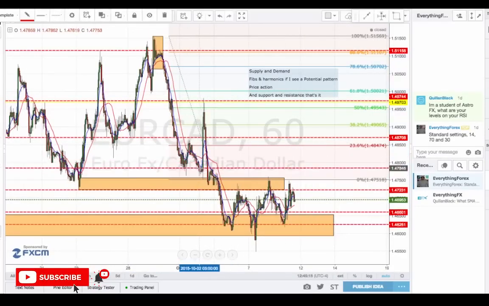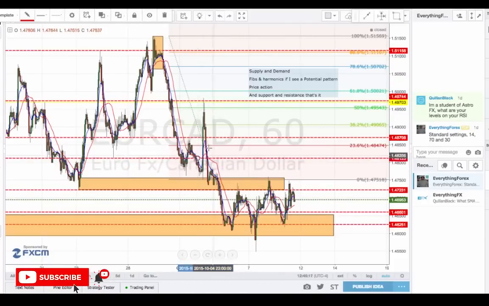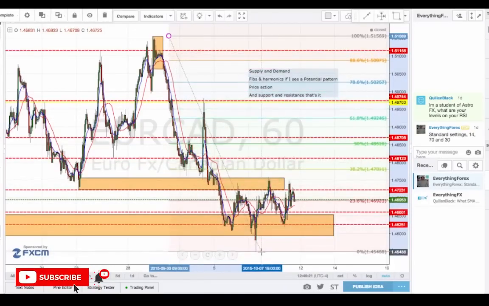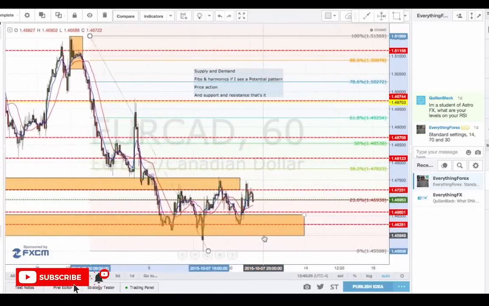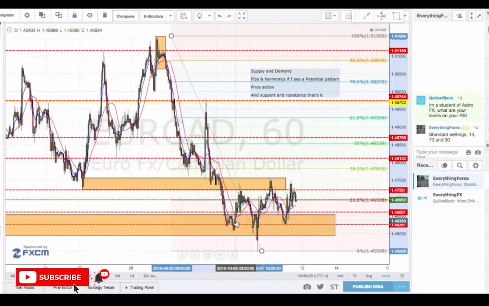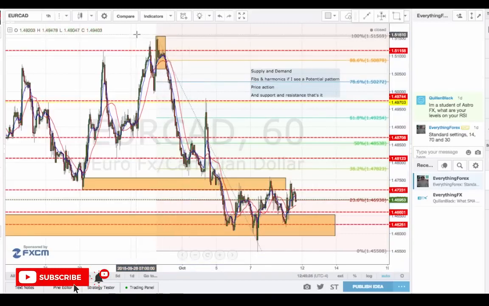How you draw them is from your relative low to your relative high. Always from your relative low to your relative high. So, for instance, since this is in a downtrend, I draw it from the relative high to the relative low. If it's in an uptrend, I draw it from the relative low to the relative high. You know what I'm saying?